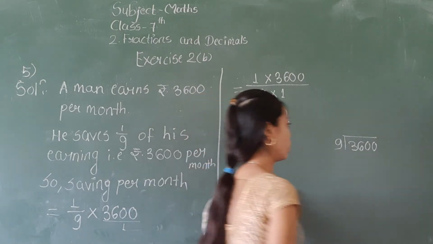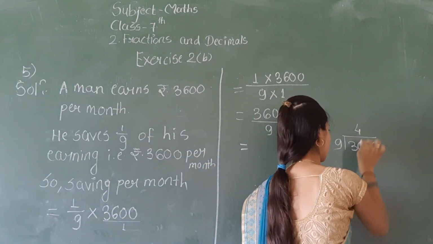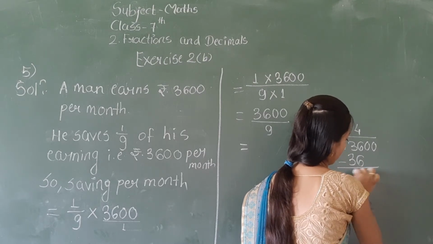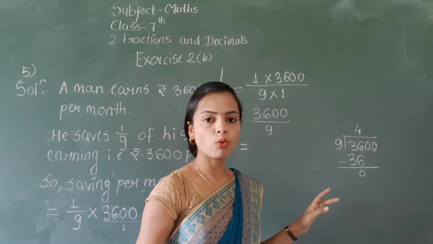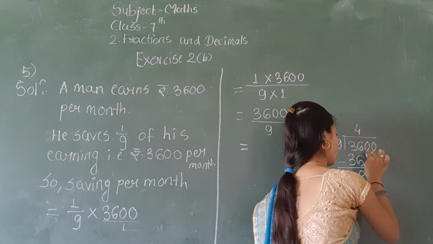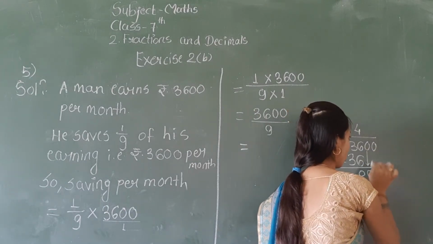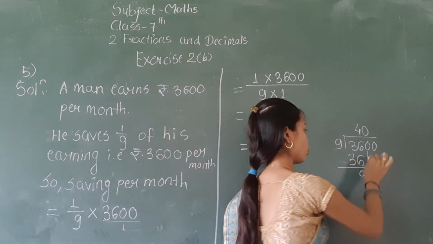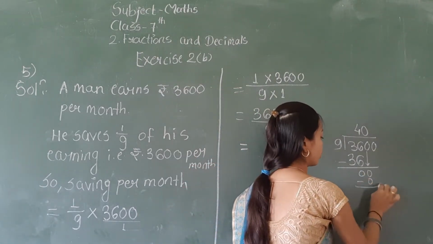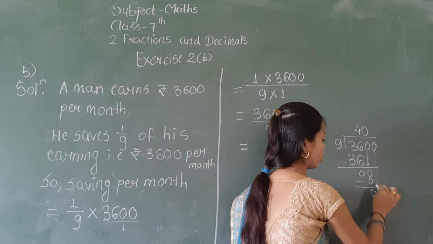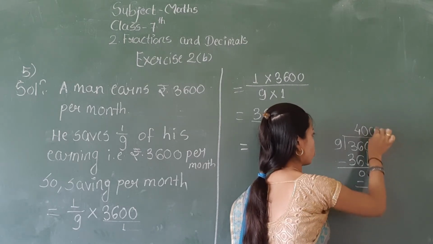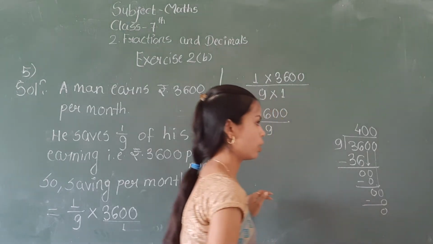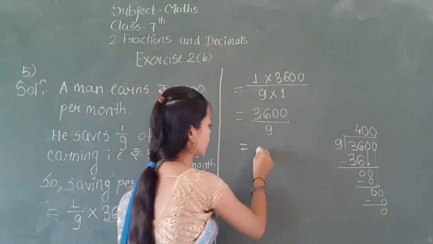Okay, so 9 4s are 36, and the 0s in your number, you write them here one by one, so your answer is 400.